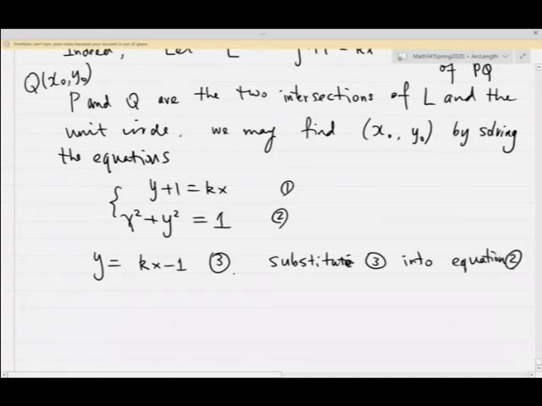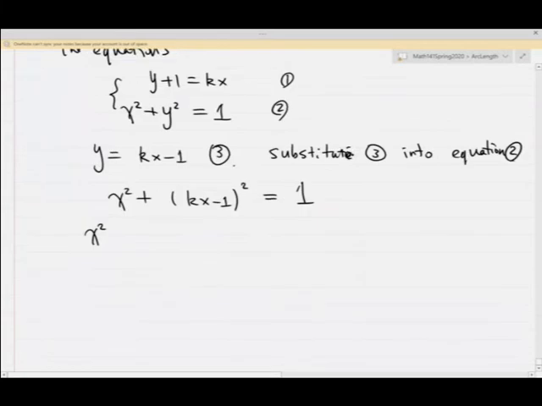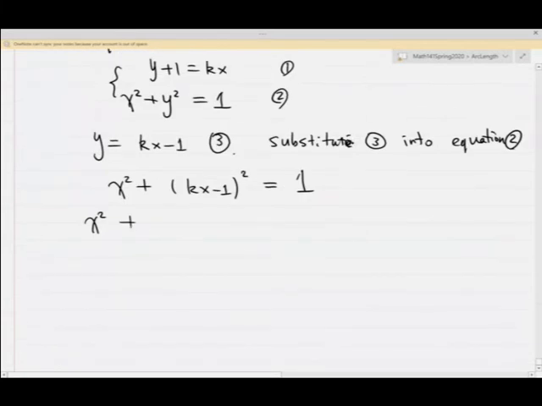Then what we get is x squared plus (kx minus 1) squared is 1. Now if you rearrange this, expand: x squared plus k squared x squared minus 2kx plus 1 equal to 1. So you get x squared plus k squared x squared minus 2kx is 0. 1 cancels 1.